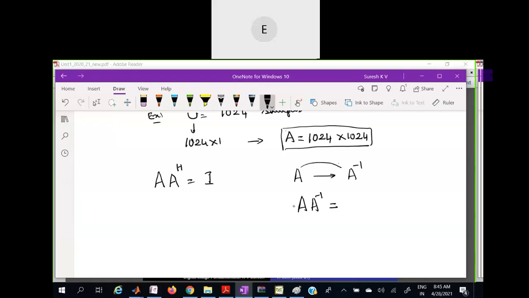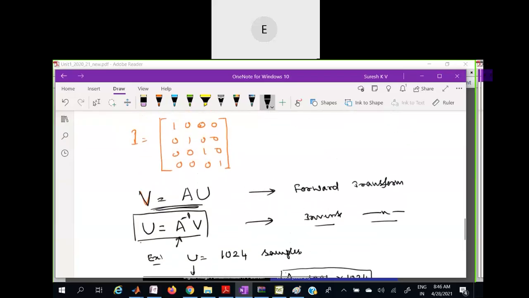It's an identity. Yes. Now compare these two. Both are the same, which means that A inverse is A Hermitian.